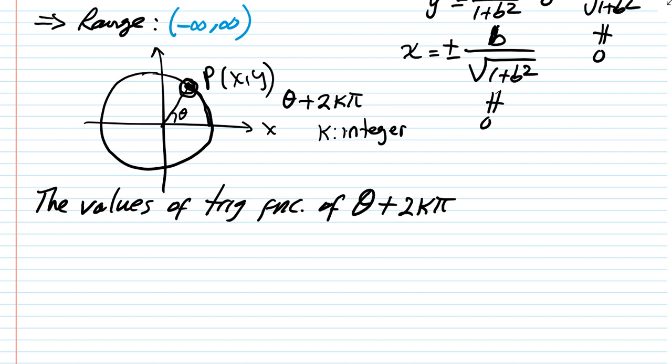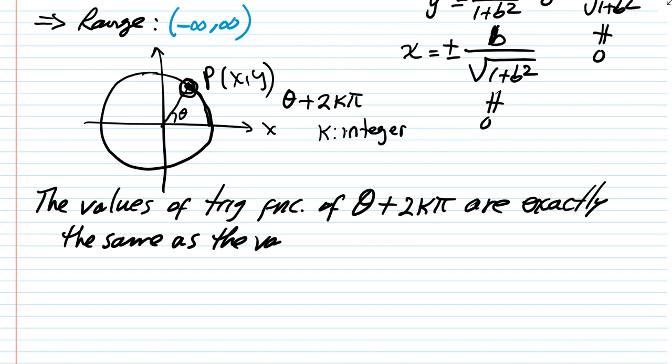So the value of trig function of theta plus 2k pi are exactly the same as the values of the trig functions of theta. Okay, which tells us, and remember, all of these subsequent rotations give us angles that are coterminal, that have the same terminal side, right, as angle theta.